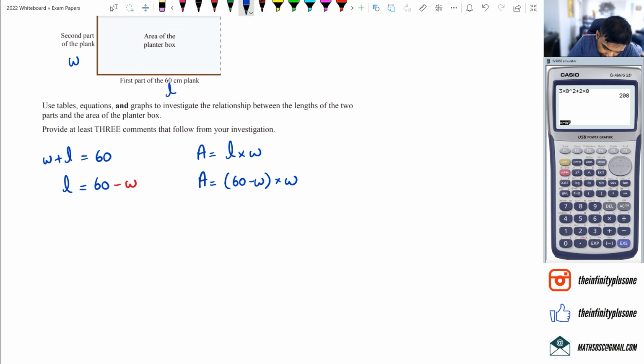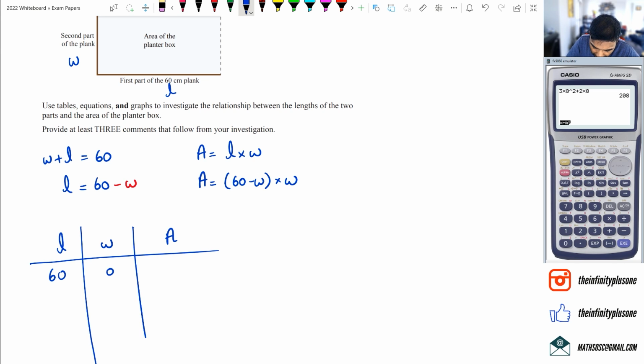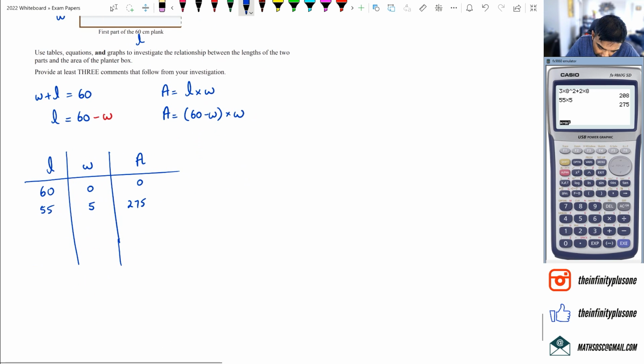So I would put it down like this, right? For example, length, width, and area. If the length is 60, then the width is going to be 0. I'm just going to make a little table here. Then the area is going to be 60 times 0, which is just 0. Now if I have 55 as the length and width as 5, then I get 55 times 5, which is my area, 275.